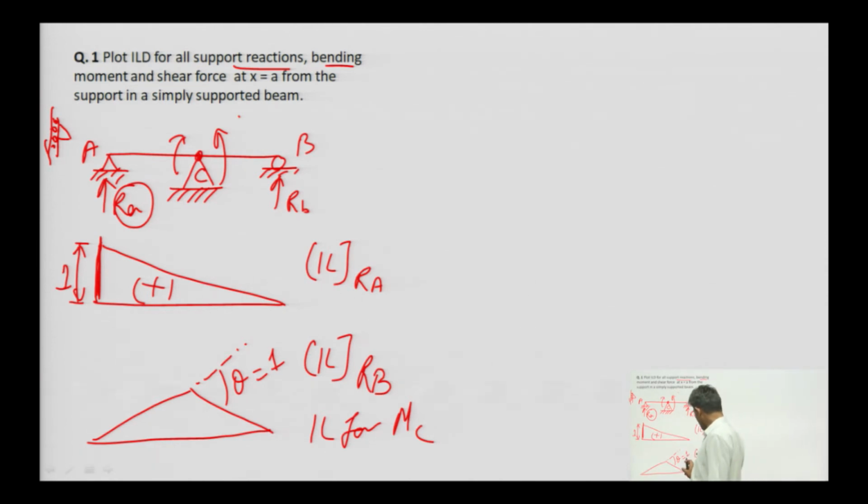If this is 1, then we can calculate this ordinate. Suppose this is y. Suppose this is distance a, suppose this is distance b. So, this angle, suppose this is theta 1, suppose this is theta 2. Make a horizontal line here.